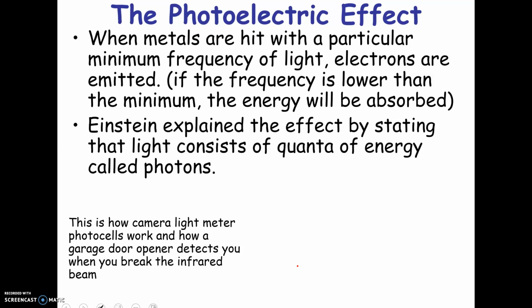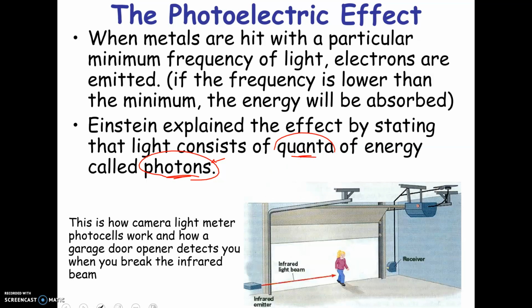Einstein explained this by saying that light consisted of quanta of energy called photons. A photon contains a particular number of quanta, and it gives that photon a particular amount of energy. If the light had enough energy, it excited the metal, and if it didn't, then the metal did not get excited. And I'll show you some examples of this in class.